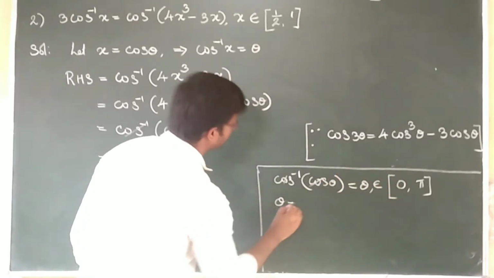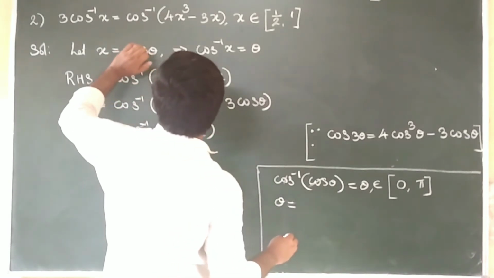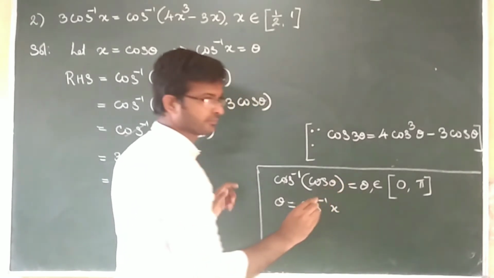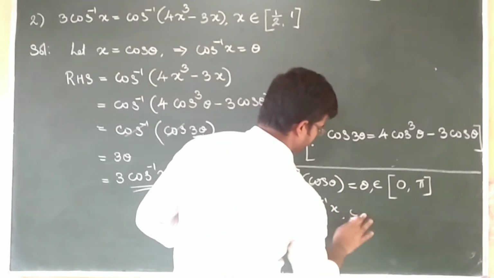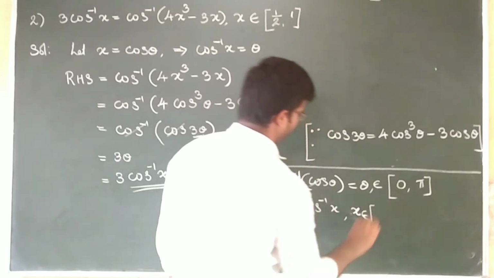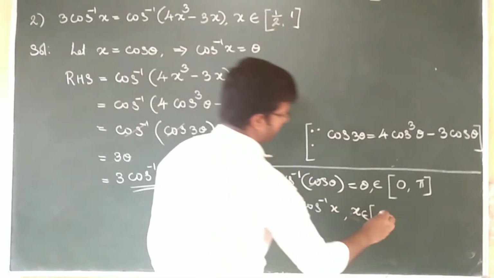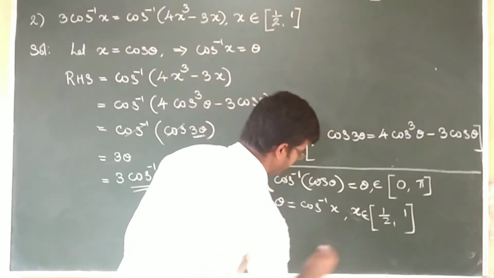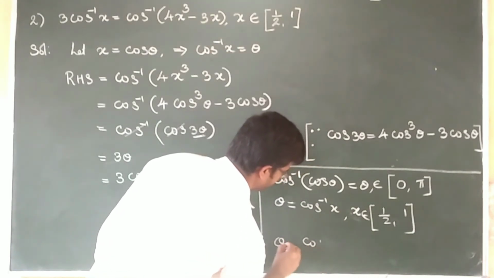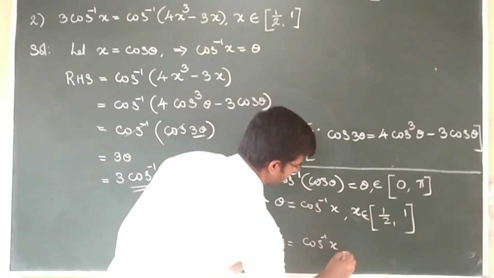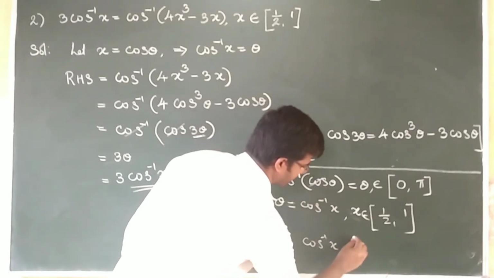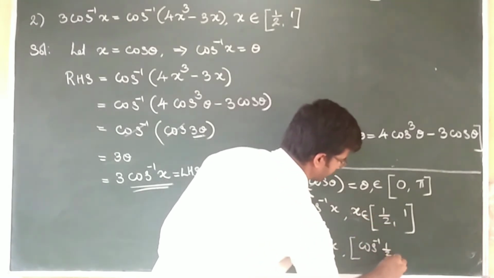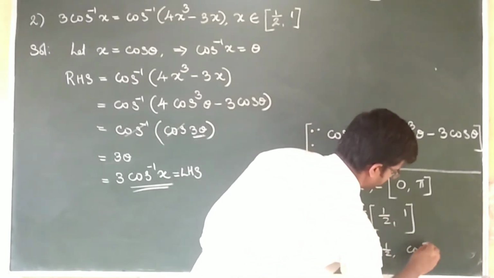What is theta value? Theta we already got, cos inverse x, isn't it? The x value is given here, 1 by 2 and 1. So theta equals cos inverse x; first give 1 by 2, second give cos inverse 1.